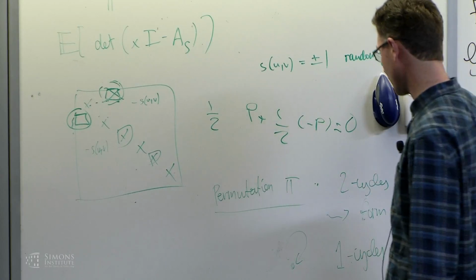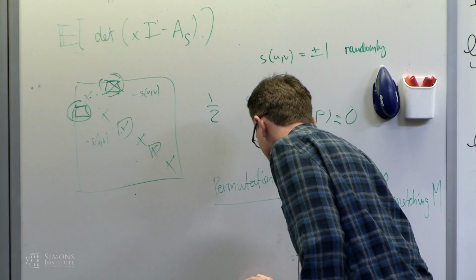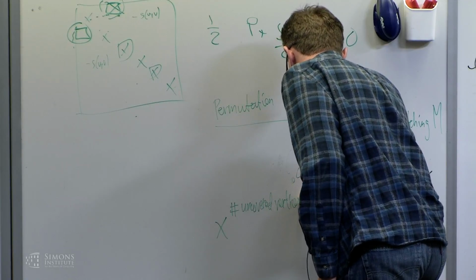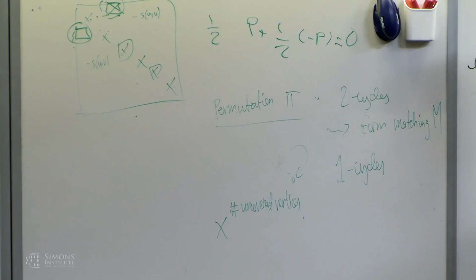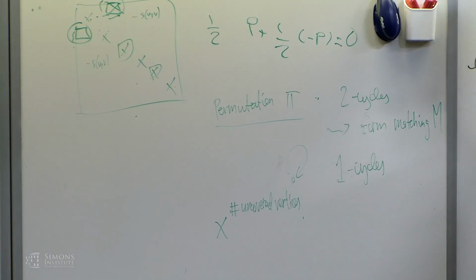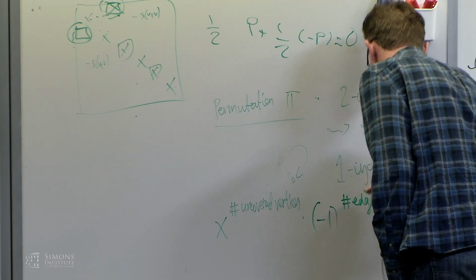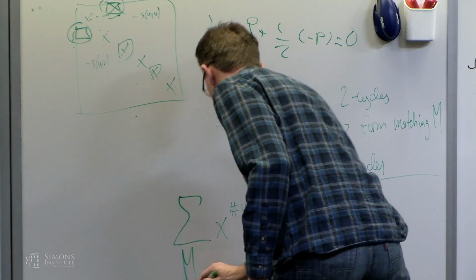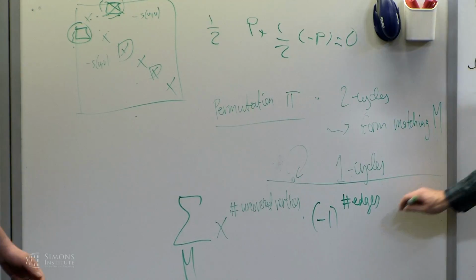So this permutation in expectation contributes x to the number of uncovered vertices times the sign of the permutation. Each 2-cycle will flip the sign, so -1 to the number of 2-cycles. So I think that's it. Thank you.